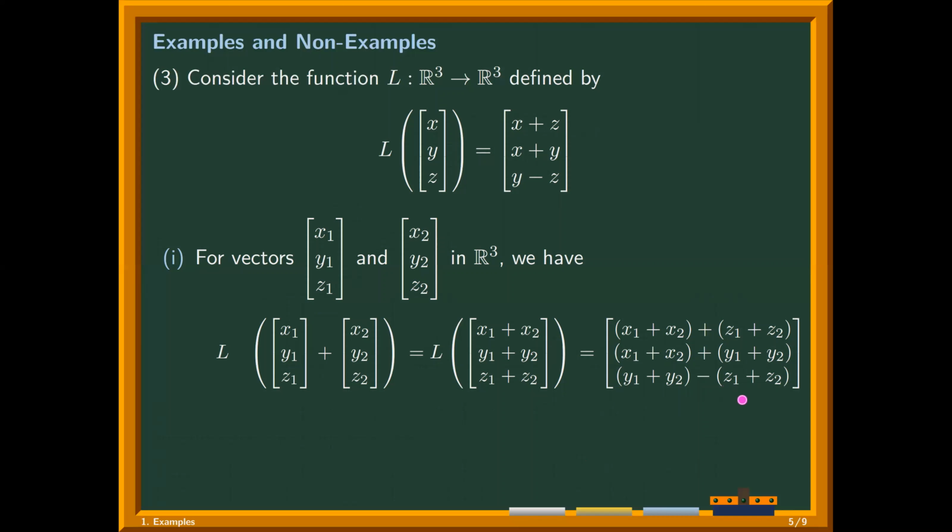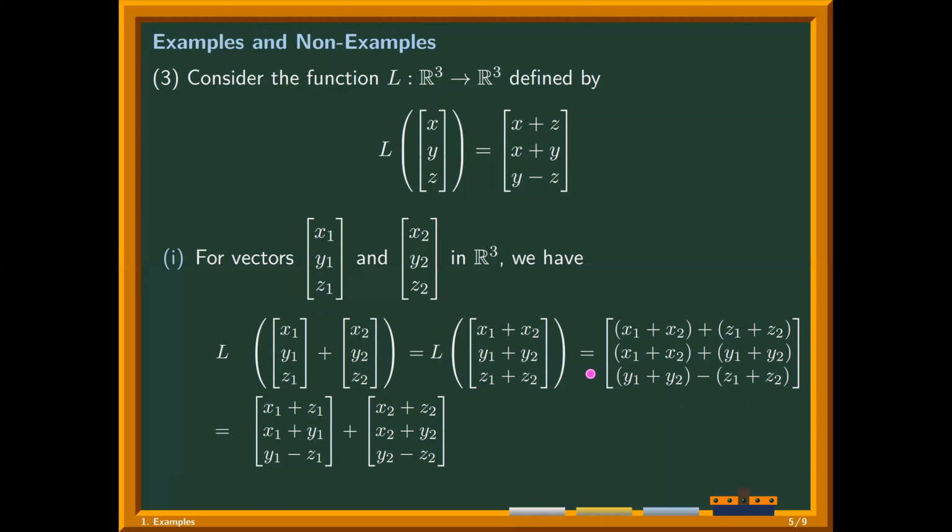Okay, so to verify condition I, the ending in this equation should be L of x1, y1, z1 plus L of x2, y2, z2. So how can we arrive at that expression? Let's manipulate each component in this vector. Let us combine all terms with 1 as subscript and combine all terms with 2 as subscript. And then we split this 3 vector into a sum of two 3 vectors.